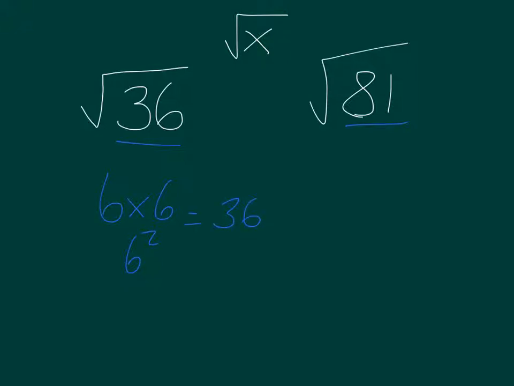So my root number is 6. So the root of 36 is 6. And same deal over here. I should be able to remember that to get to 81, I can multiply 9 times 9, or 9 squared. And that means that my root number here is going to be 9. So it's just that simple when you're using numbers that you're already really comfortable with.